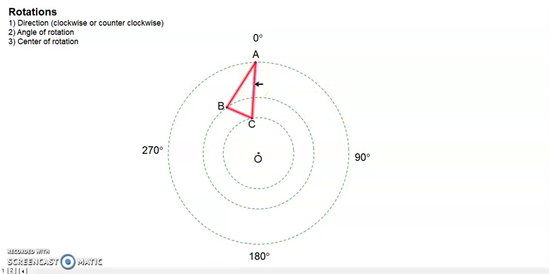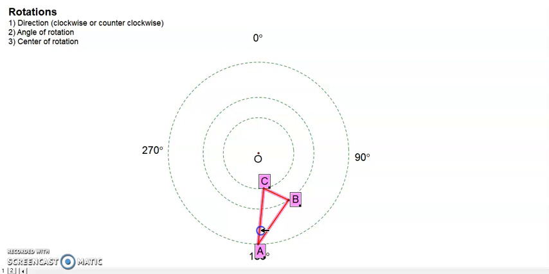If I rotate this figure 90 degrees clockwise around this center of rotation, O, it will look like this. Watch point A. It moved 90 degrees. If I want to rotate it 180 degrees, you should notice that if I go counterclockwise 180 or clockwise 180, I end up at the same spot.